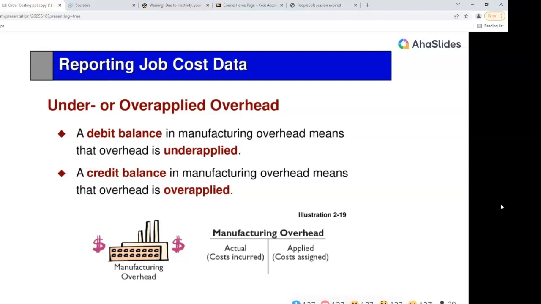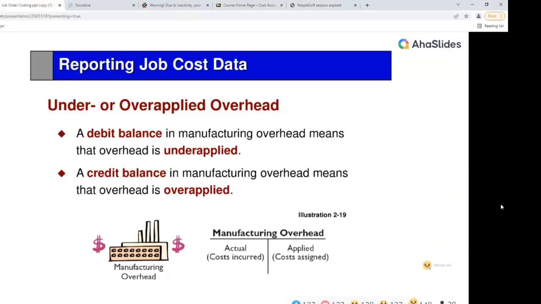Because I have incurred more than I applied. The amount I applied has already gone out the door. I sold it. So I'm adjusting my records to actual. So I credit manufacturing overhead to bring it to a zero balance, and I debit the cost of goods sold. Why? Because the cost of goods sold was a little too low through the whole year. I incurred more than I applied.